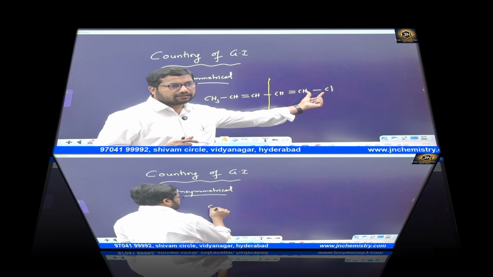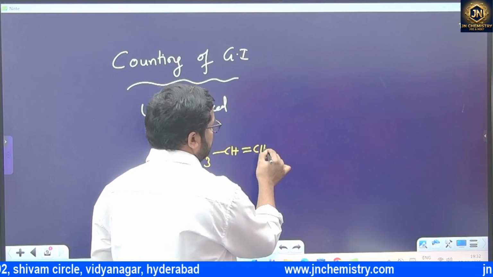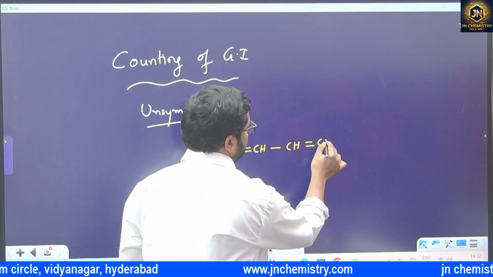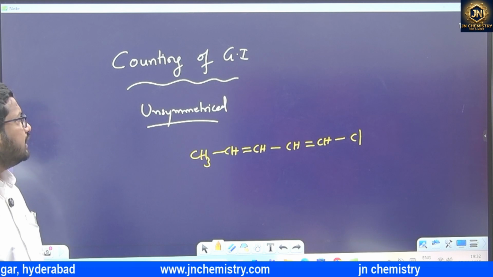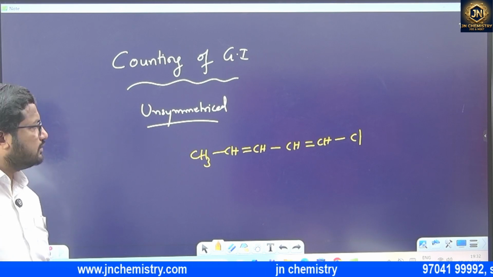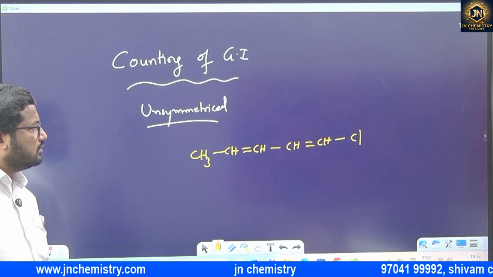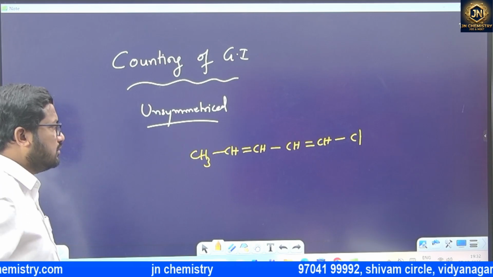So how many geometrical isomers are possible in the unsymmetrical case? What are the 4?